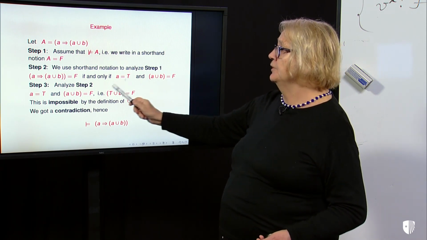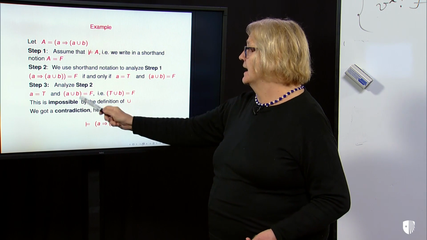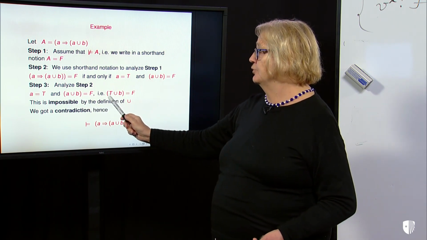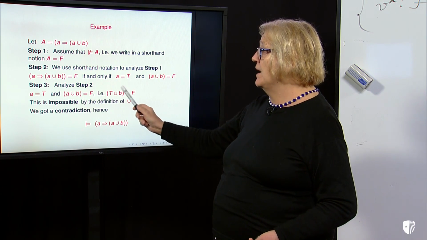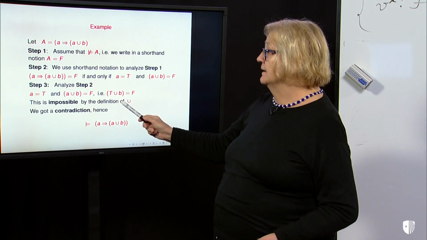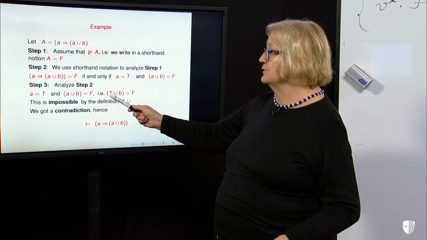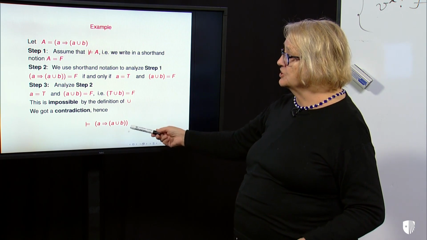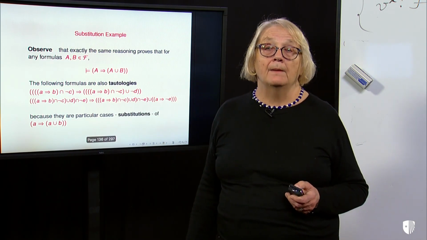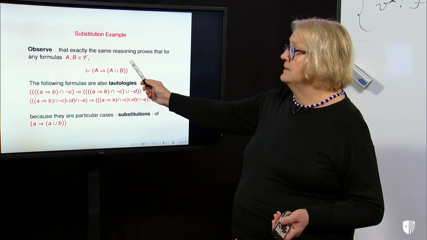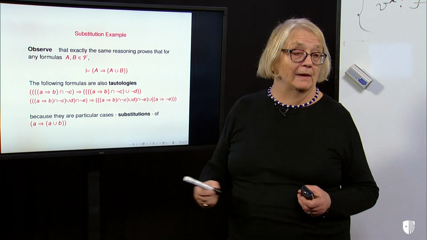If I know this is true, I get that A or B is false if and only if true and B is false. This is impossible because you have T here for any B, so you get a contradiction, so you prove the tautology. But also, you can do the same reasoning for any formula A.